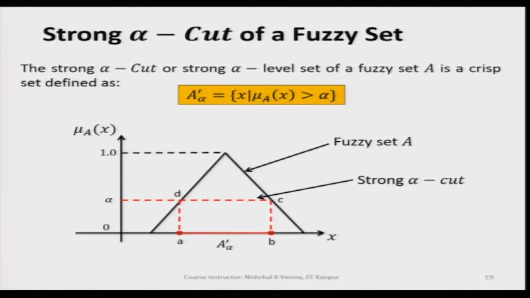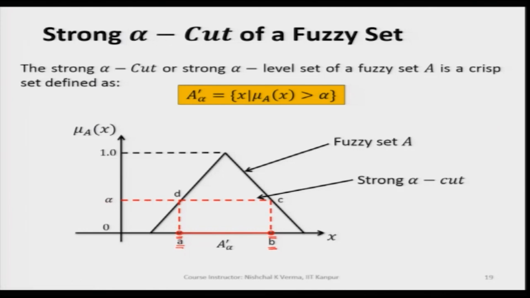In this case, if we take the same example as in the alpha cut case, instead of the solid dot we will have a hollow dot. What does this mean? We are excluding the equality condition, which means the generic variable values a and b will not be included, because at these points the membership value is exactly equal to alpha.